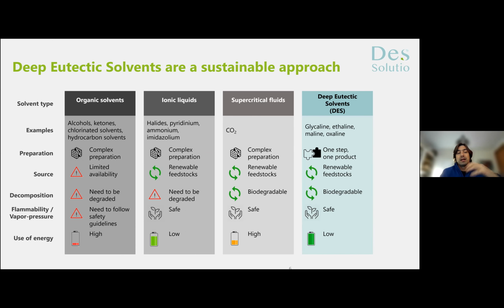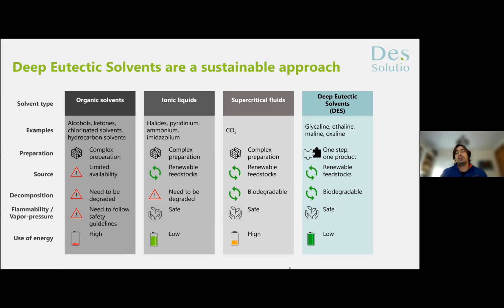But the biggest advantage in terms of implementation, and why deep eutectic solvents, I think, had such a fast implementation in the industry regarding these other solvents like ionic liquids and supercritical fluids, is the simplicity of their production and the simplicity of the products that we create with deep eutectic solvents, because there's no need for downstream processing.